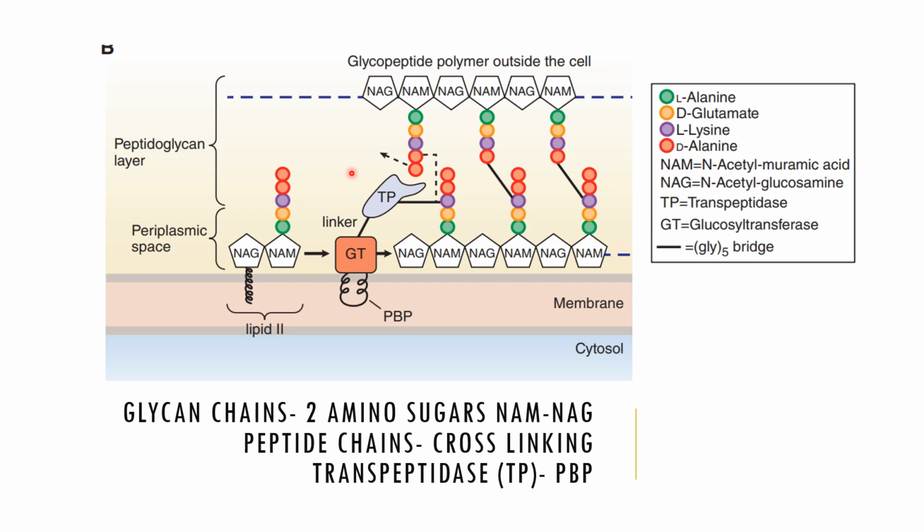So when this transpeptidase works, one D-alanine is removed from here, and this fourth D-alanine, that is 1, 2, 3, 4, so the fourth D-alanine is joined with the third L-lysine, with the glycine bridge. So that's how this peptidoglycan layer is formed, and this last step of transpeptidase forming this bridge is very important for peptidoglycan layer formation in the bacterial cell wall.